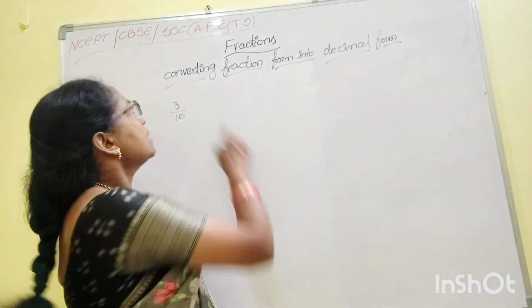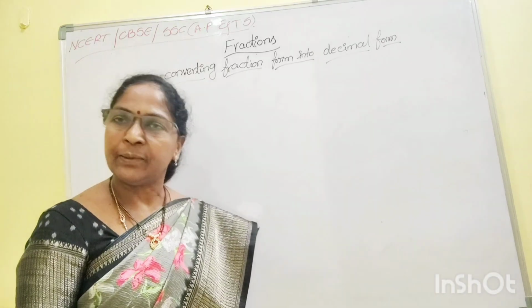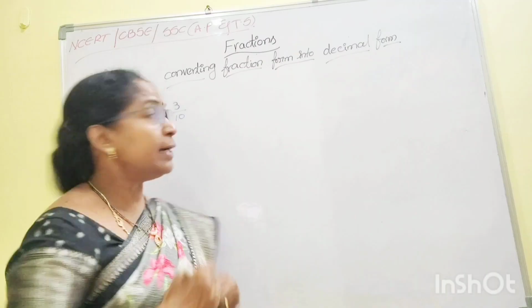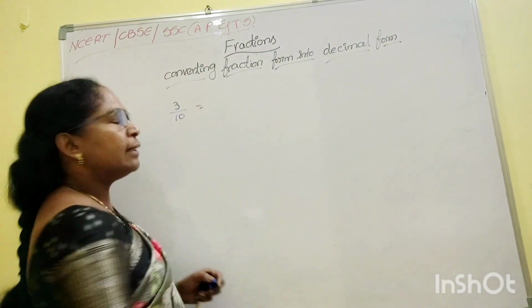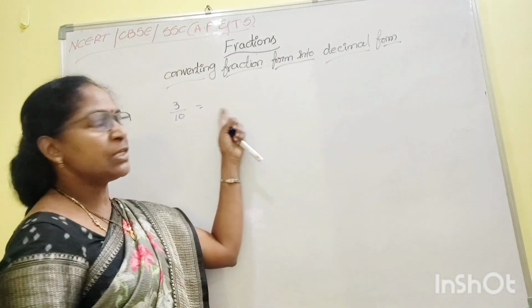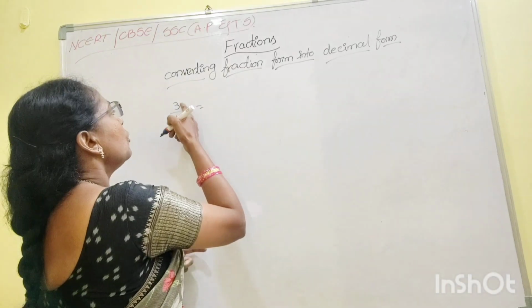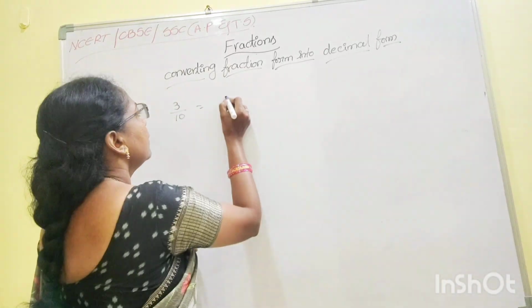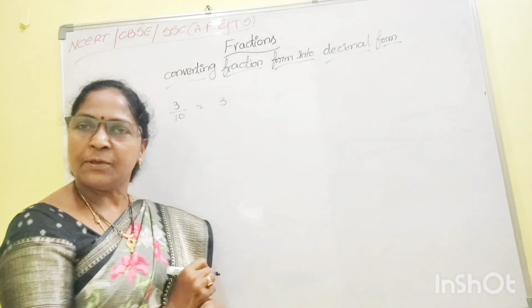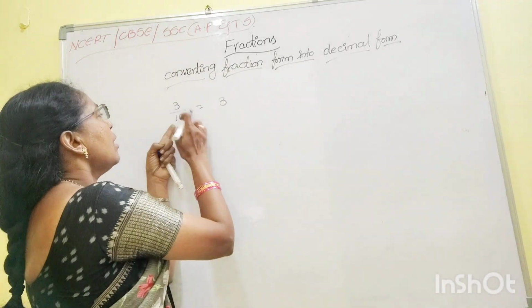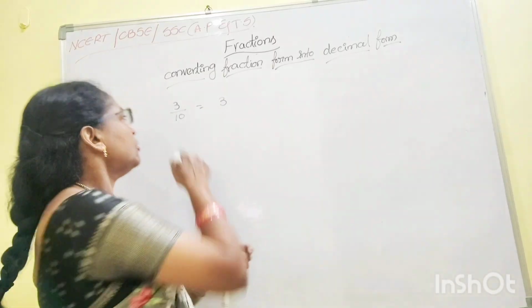Next topic is converting fraction form into decimal form. This is the fraction, then how to convert into decimal form. So 3 by 10. 3 by 10 equals how much here? What is the decimal equivalent value that you have to write down? First write the numerator value as it is, 3. 3 is the numerator, so as it is you write 3. Next, in the denominator, 1 after how many zeros are there? Those you have to count.